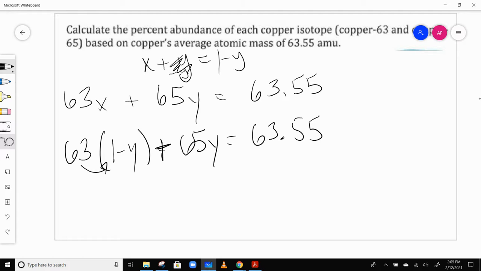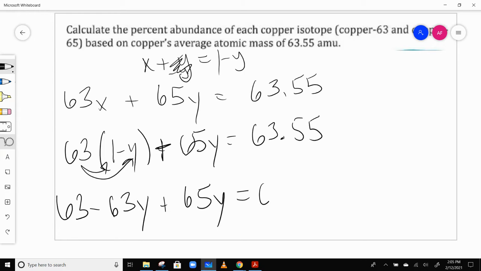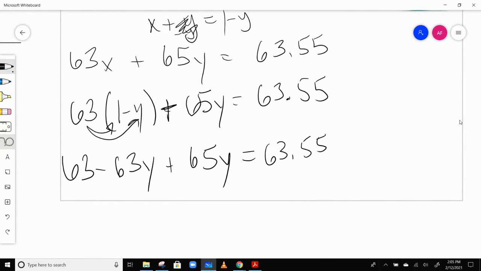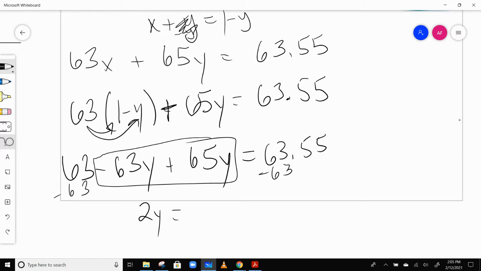Okay, then distribute. 63 minus 63Y plus 65Y equals 63.55. Combine like terms and solve for Y. So minus 63, minus 63. This is 2Y equals 0.55.